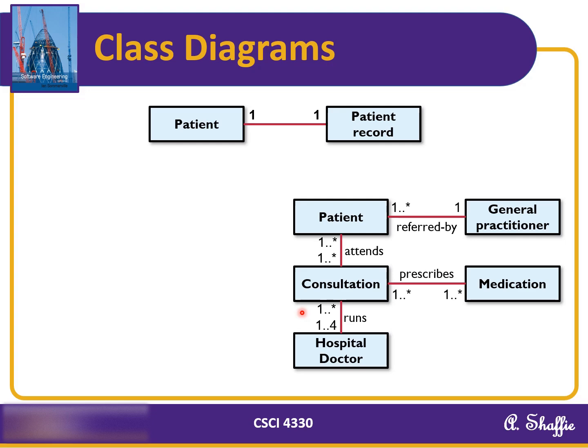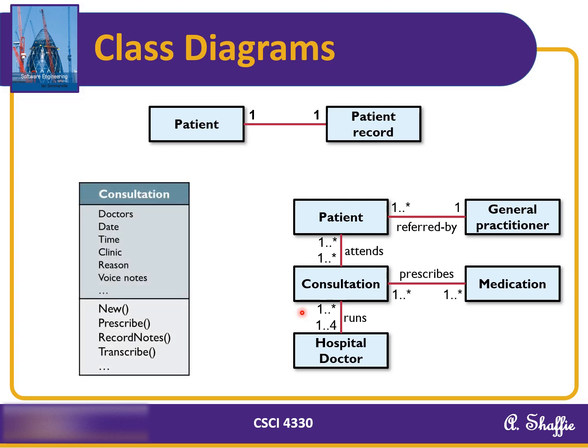A class diagram can include more details by showing class attributes and methods. Let's see this. In consultation, for example, I have the list of these attributes. I start with the name of the class, followed by the attributes that I have.